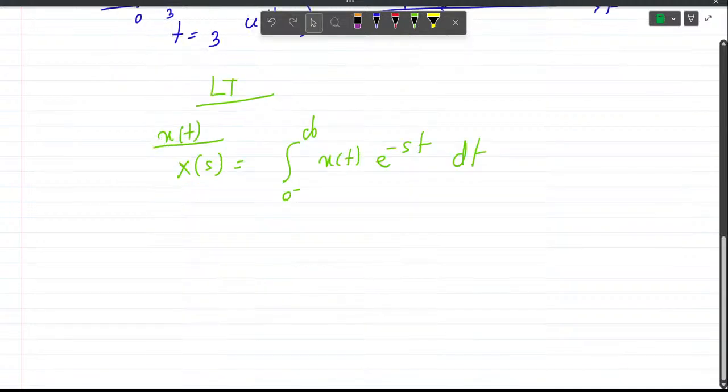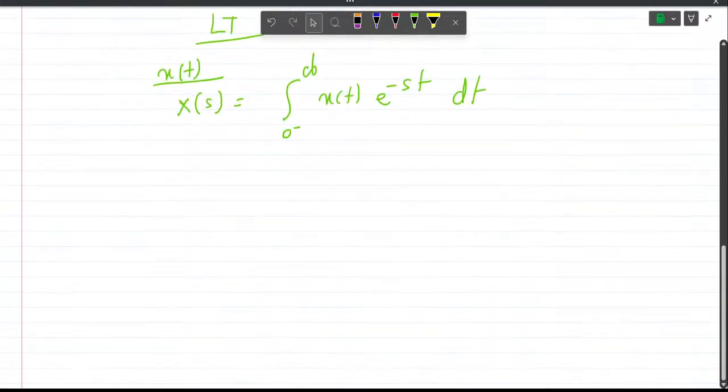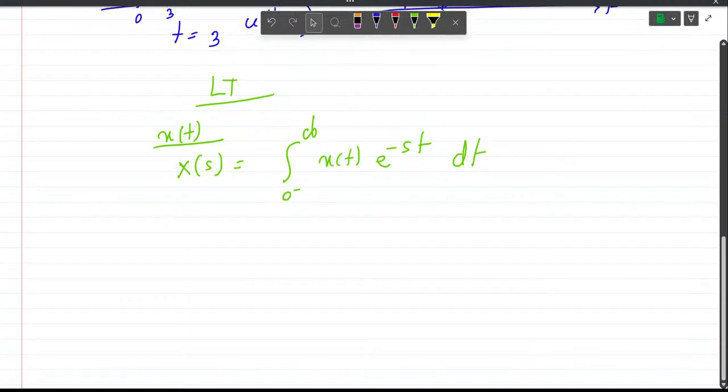And this lower limit 0 minus is to capture the discontinuities at t equal to 0.